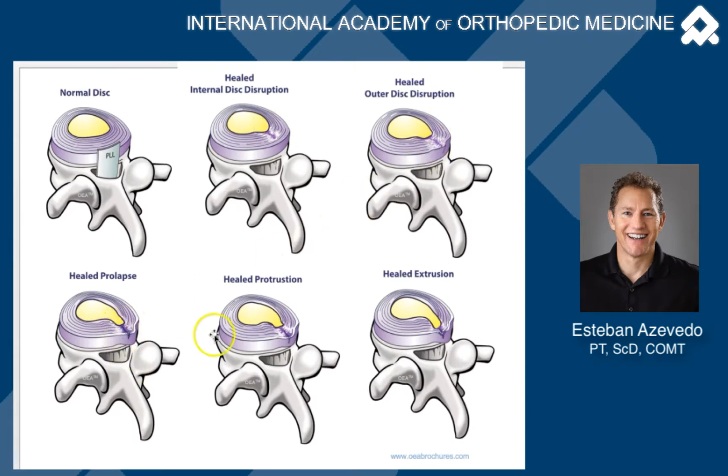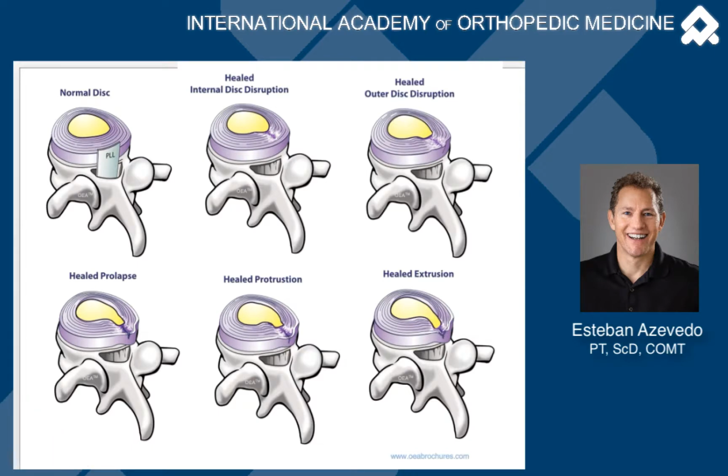Even the disc bulges will scar over and heal. They'll often still be bulging a little bit, and that's okay, because remember, we saw in those MRI studies, you can have a disc bulge hitting a nerve root, hitting the spinal cord without any pain at all. The key is to get rid of the inflammation. Also, the key is to get your core strong.